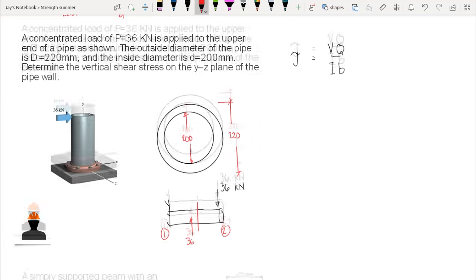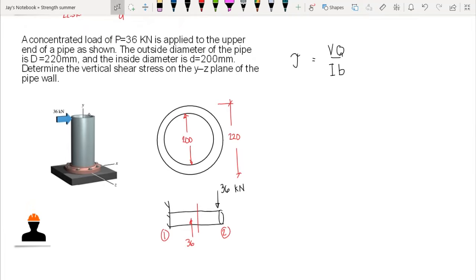If we draw the shear diagram, all throughout our beam we have 36 kilonewton internal shear force. So our V here is 36 kilonewton.